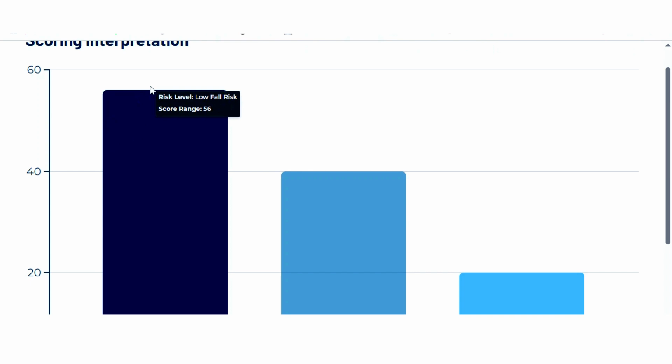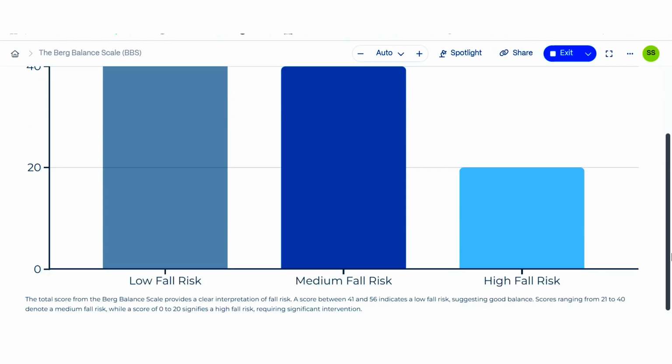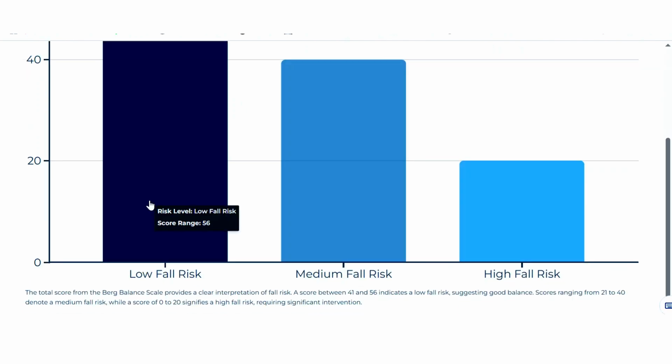That is considered very good balance, because the fall risk is reduced in this patient. So 41 to 56 indicates a low fall risk, suggesting good balance.